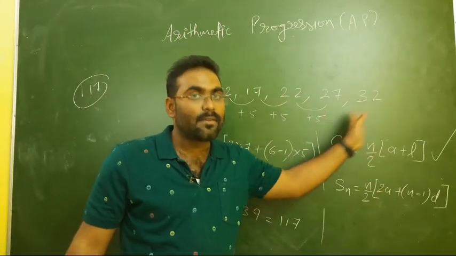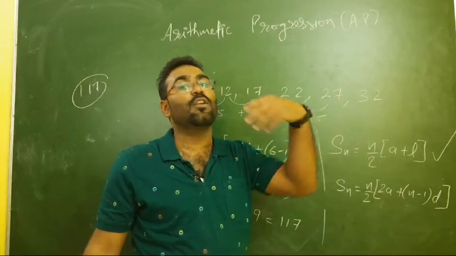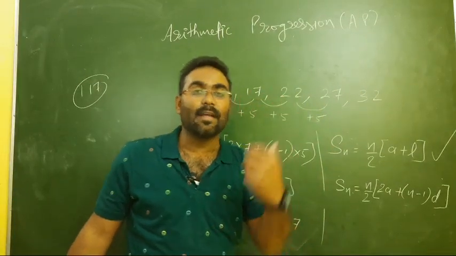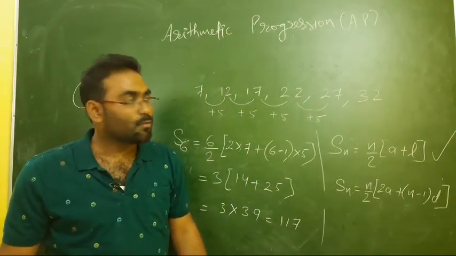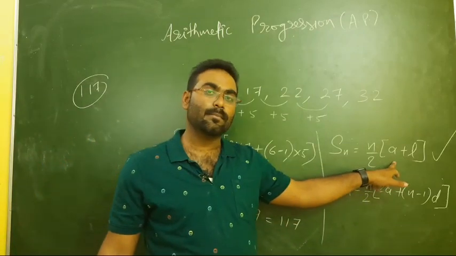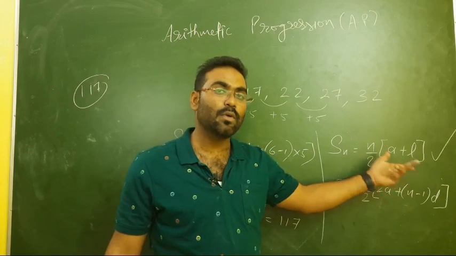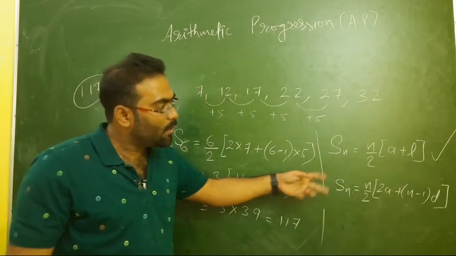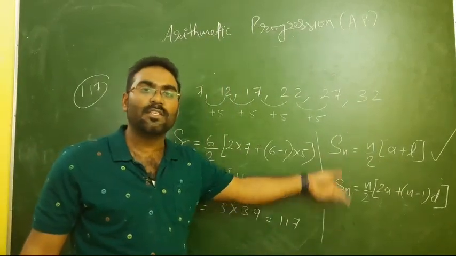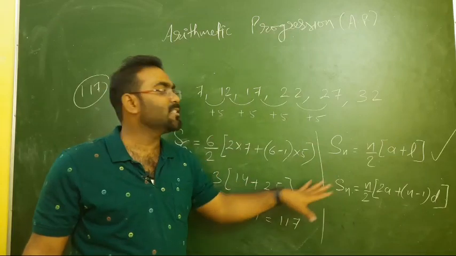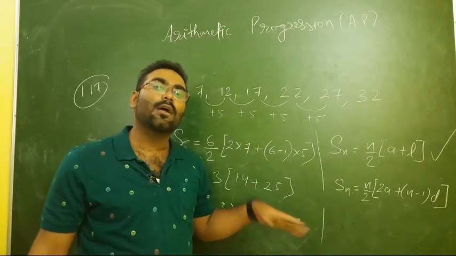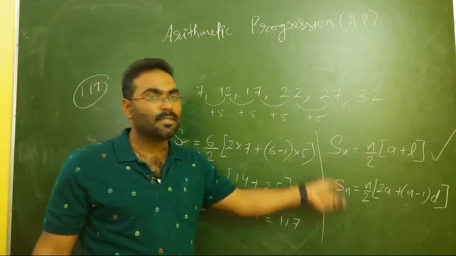Sometimes the common difference will not be given, so you will not be able to identify the difference. So see, is there any need of the difference here? No need. So according to the question, you will use these two formulas. I think this much is sufficient to understand when to use these two formulas.